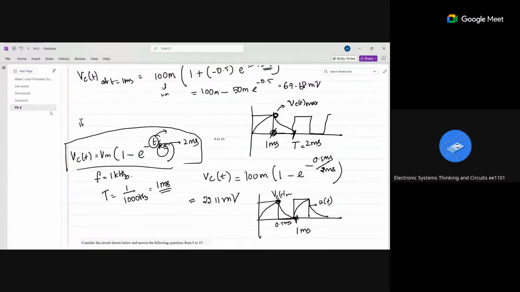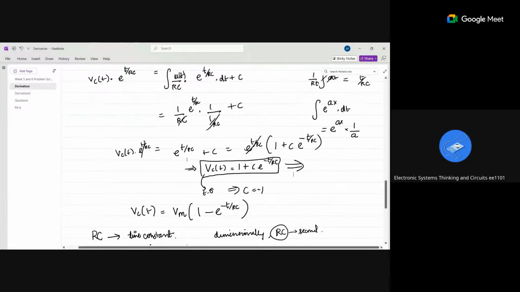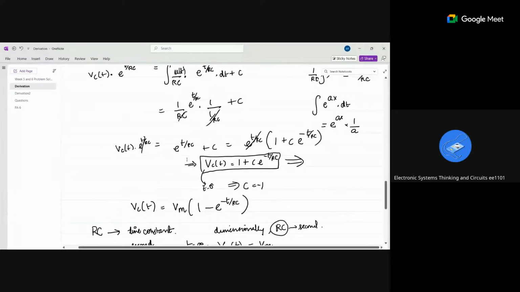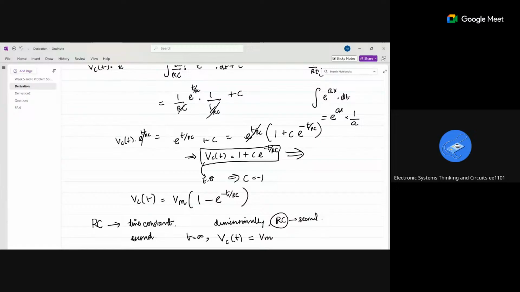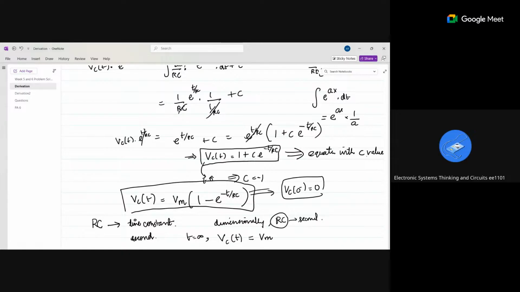If you see here in this page, this is the derivation which we saw, this is the equation with the C value, which we applied for the first problem, because there we don't know the C value. Whereas in the second question, I applied this equation because we have already derived it. Here we applied Vc of 0 minus is equal to 0 volts, and we derived this already, so I directly applied this equation. Is it clear?